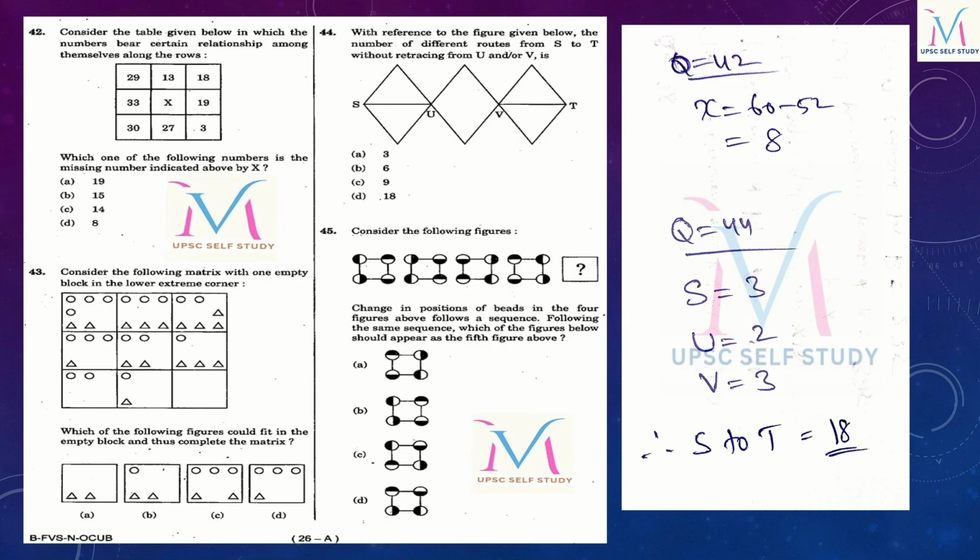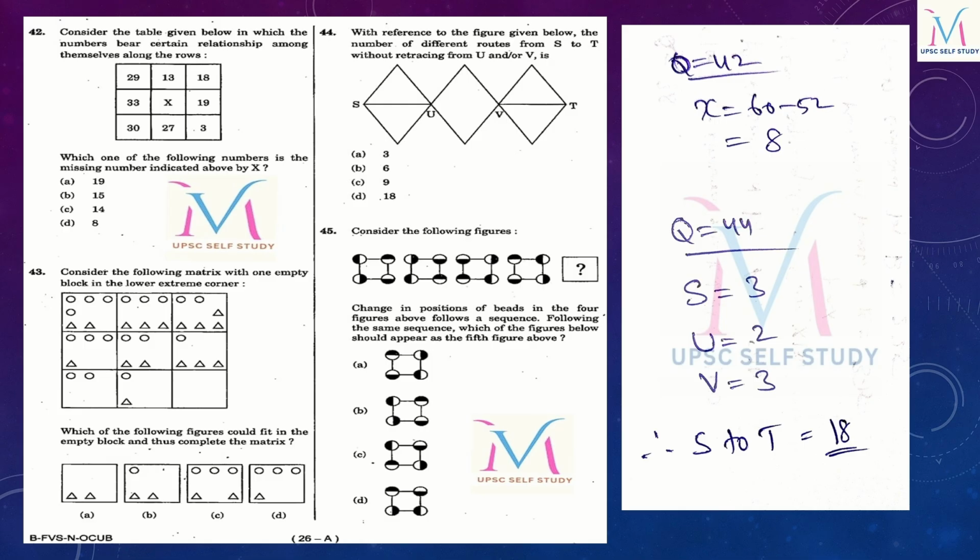one value is not given. So now calculate the third row, 30 plus 27 plus 3. That also gives us 60. Since the first row and the last row give a total of 60, the middle row should also give the output 60. So we have to find out x.